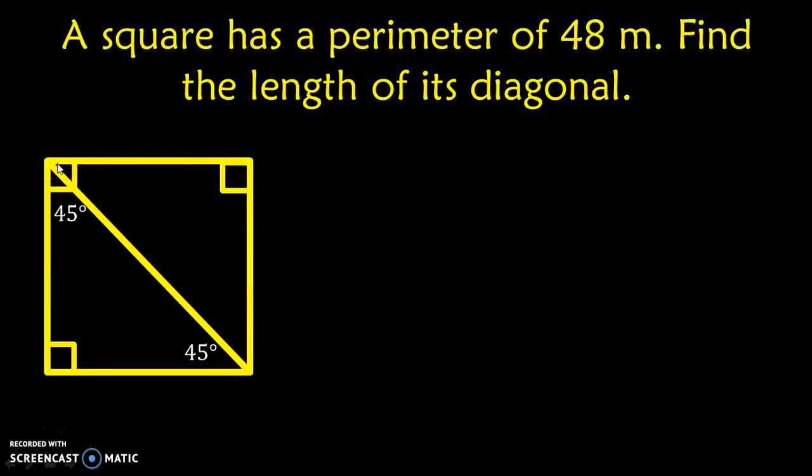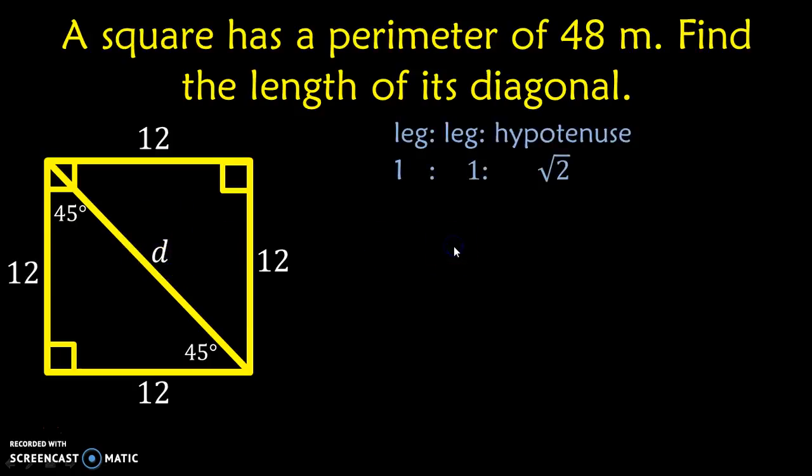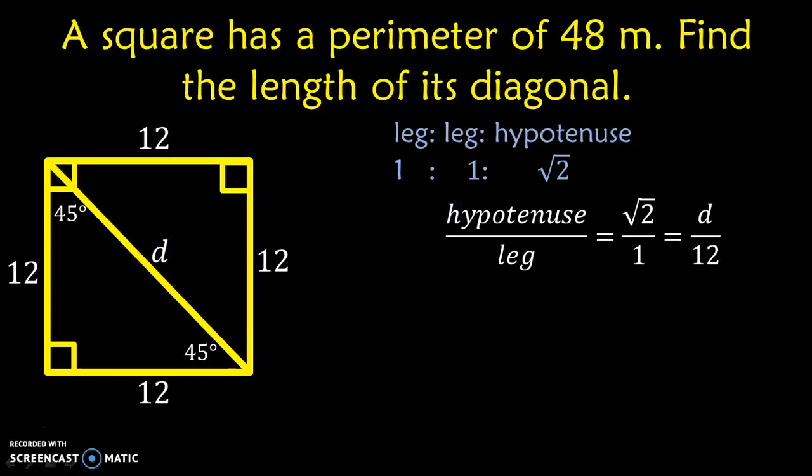So each side measures 12, because 12 times 4 is 48 meters. We are to find the length of this diagonal. So we know that the ratio of the hypotenuse to the leg is square root of 2 is to 1.